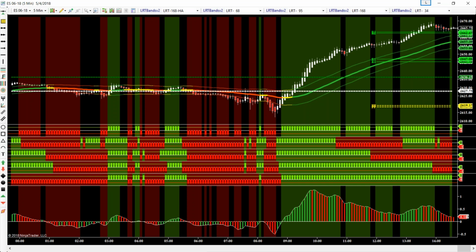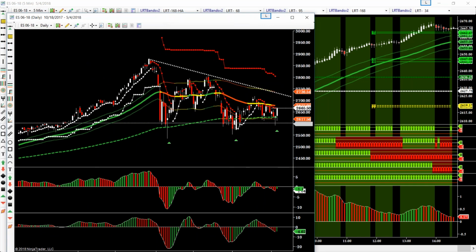I pull up my daily charts and I'm looking for levels that price is going to get down into. We were already below the 200 EMA and we were below zero. The linear regression line is pointing down, and this is the same thing on the NASDAQ.